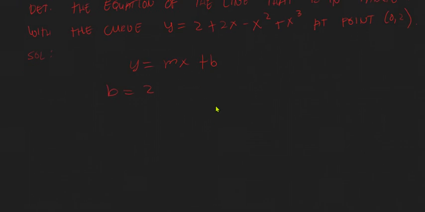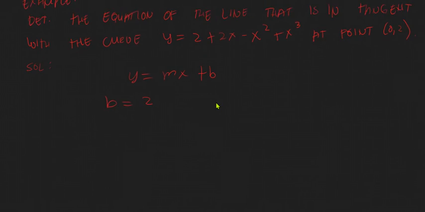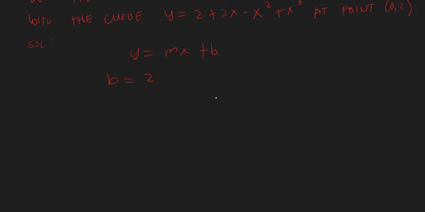So we only need to solve for the slope now, and we can do that using the definition: m equals the limit of f of x plus delta x minus f of x, all over delta x, as delta x approaches 0.